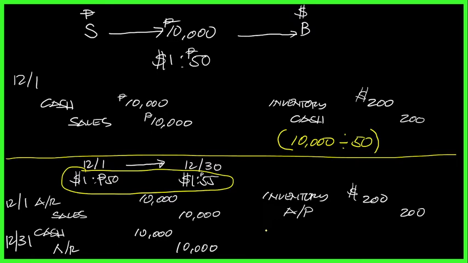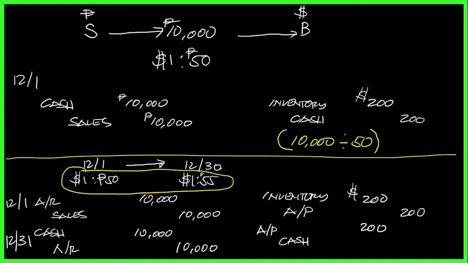The journal entry in the books of the buyer will be a debit to accounts payable, which is originally recorded at $200, and a credit to cash. Since this buyer has to pay 10,000 pesos, you have to remeasure that using this exchange rate, which is 1:55.